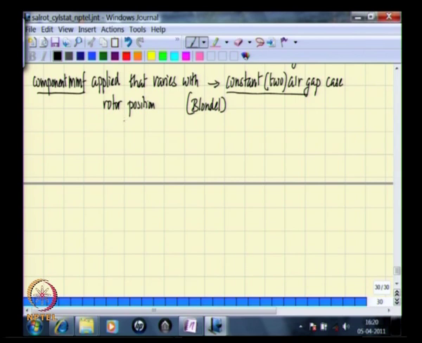We said that the actual MMF is then resolved into two parts, one acting along the pole axis and another acting along an axis which is at 90 degrees to the axis of the pole, which is called as quadrature axis.